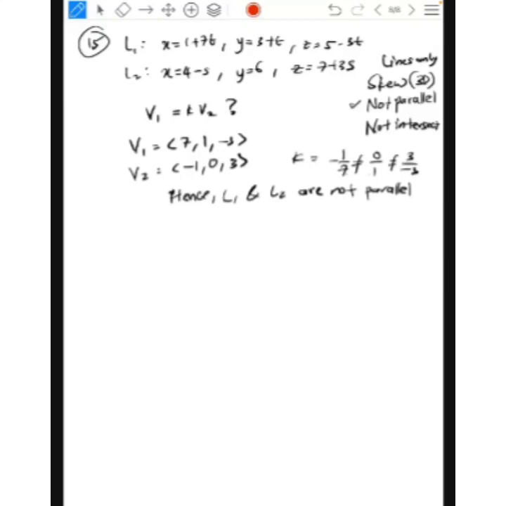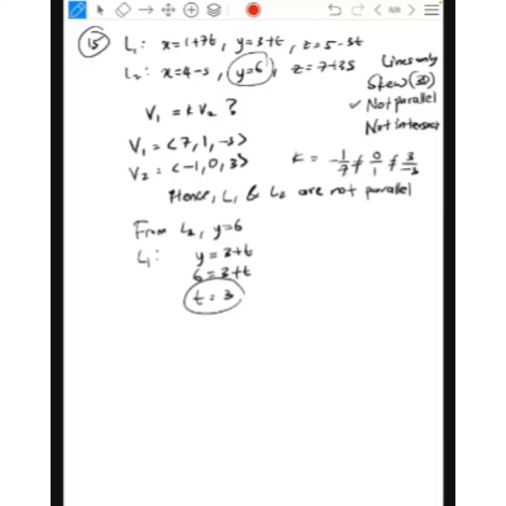Then for L2, we already have Y equals 6. So we substitute into L1. Then we have T equals 3.